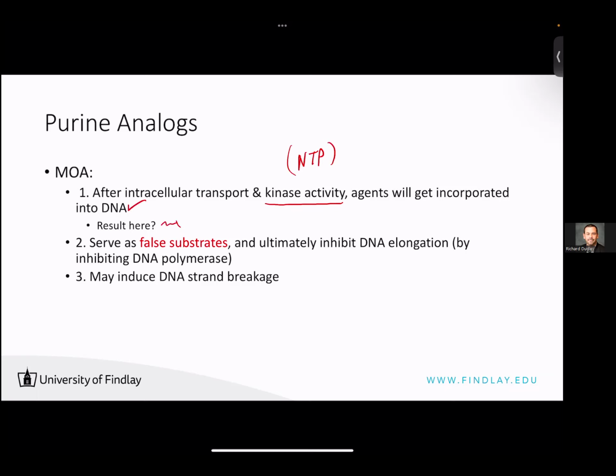And as a result, you can have DNA breakage, which hopefully will lead to our favorite cell death mechanism, apoptosis. They can also serve as false substrates, inhibiting DNA elongation by competitively inhibiting DNA polymerase. And we already mentioned strand breakage.